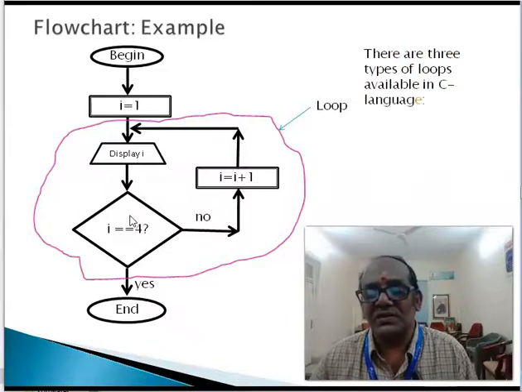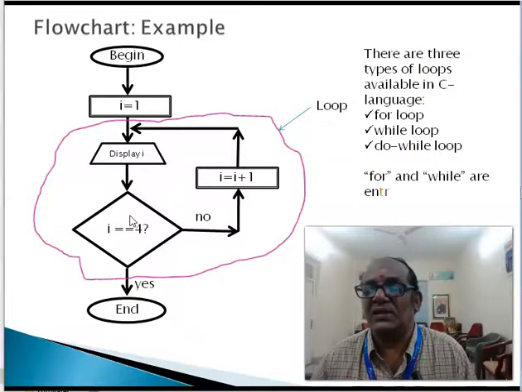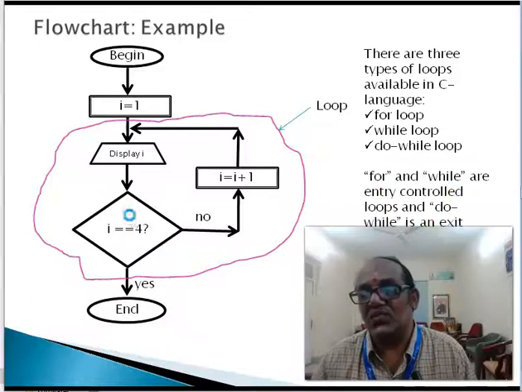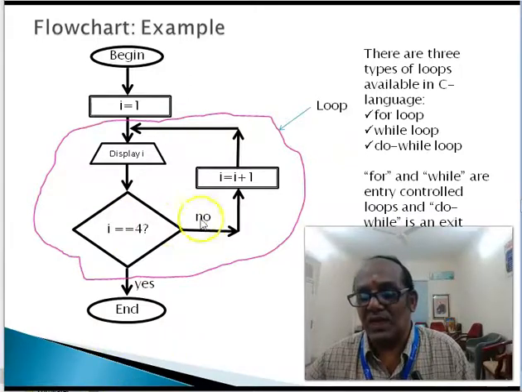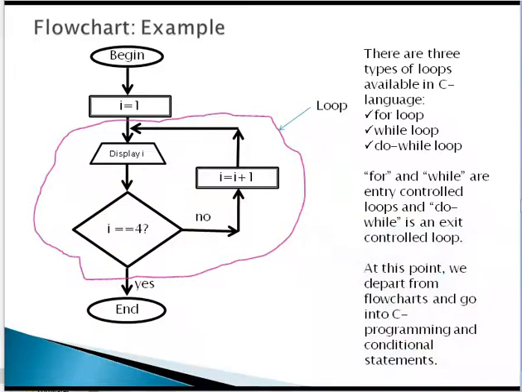There are three types of loops available in C language: a for loop, a while loop, and a do while loop. In this we say that the for and while loops are entry controlled. We'll see what is entry controlled, whereas do while is an exit controlled loop.